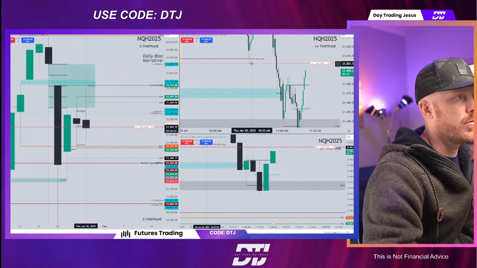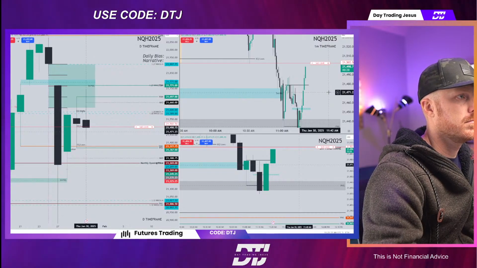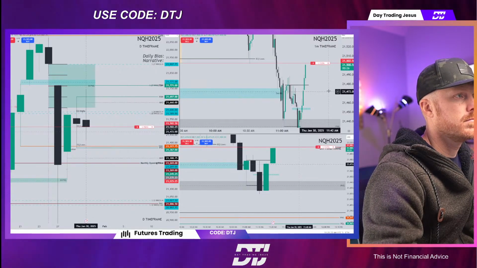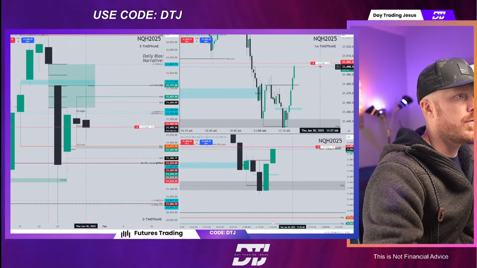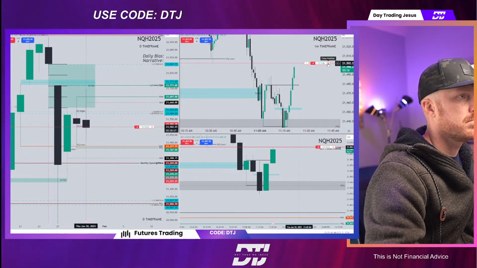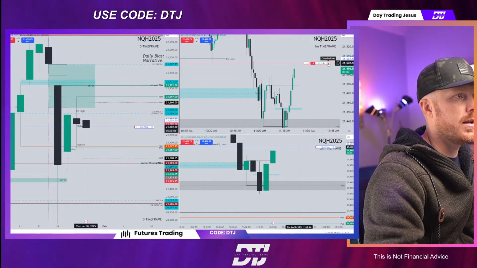I'm going to take a short right at this wick. Looking for just 40 ticks to see if it will give it to me. We'll protect that just to make sure I don't get stopped out or don't go negative.